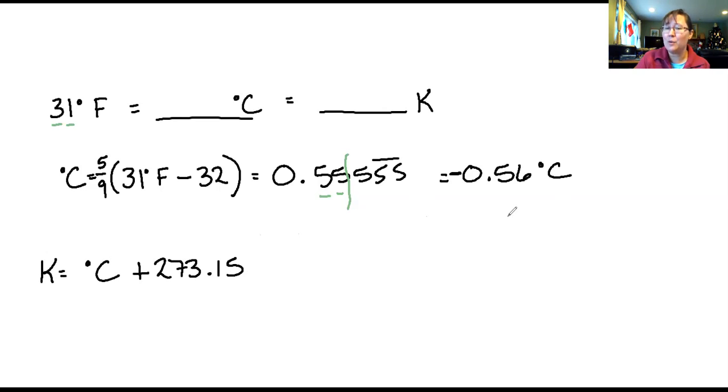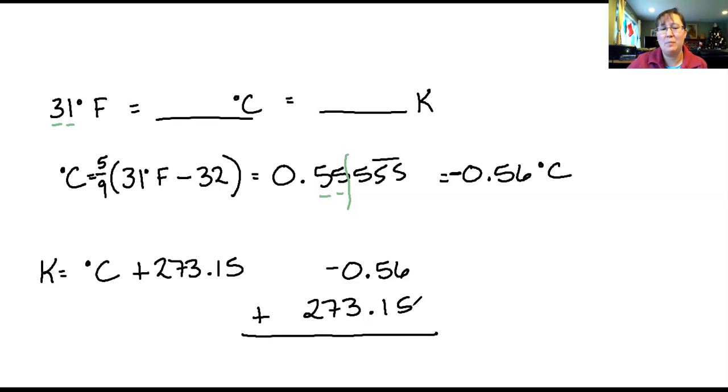In this case, it sort of works out quite well. So I have my Celsius temperature, negative 0.56 plus 273.15. All right, well, that's how this is, but I don't like how that's written. So I'm just going to turn it around so that I can actually do this problem by hand.